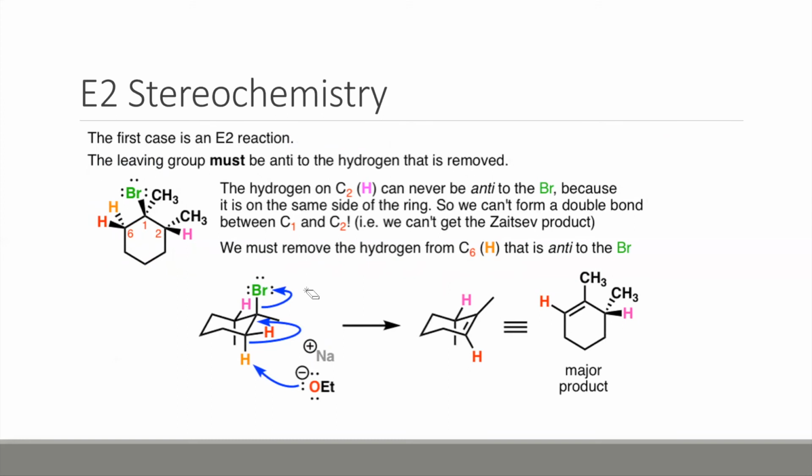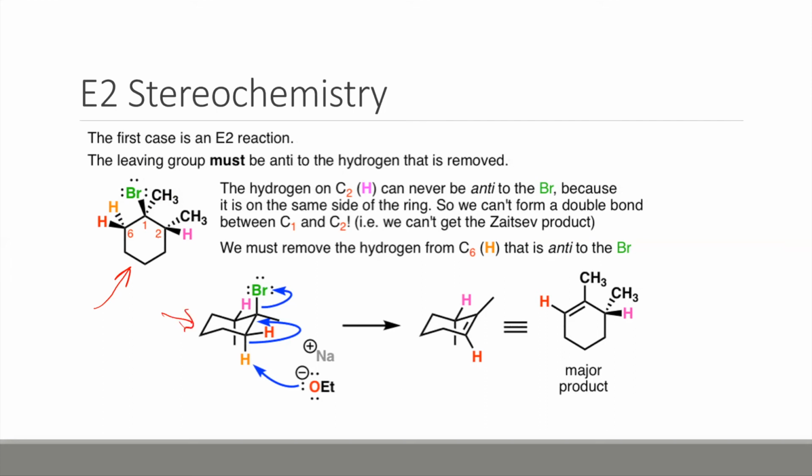Again, the leaving group must be anti to the hydrogen that is being removed in order for an E2 elimination to occur. And you can see this in a ring that's drawn this way where we use wedge and hash, or you can look at it, for example, in a cyclohexane in the chair position.